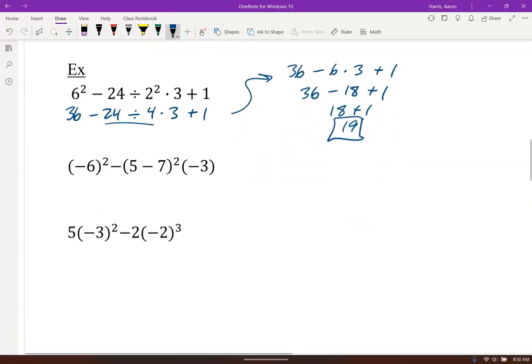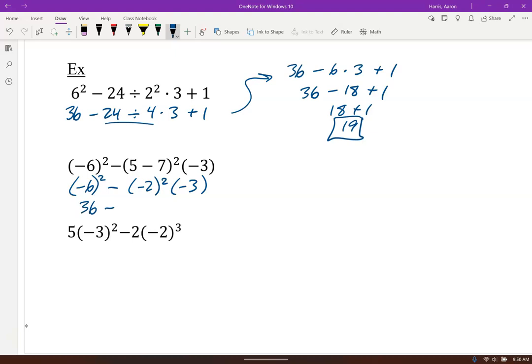Okay, this next one here, we've got negative 6 being squared. So negative 6 times negative 6 is 36. Minus, oops, I should have done 5 minus 7 first, which is negative 2. Sorry about that. Okay, now let's do the rest of the exponents here. Negative 6 squared, negative 6 times negative 6.